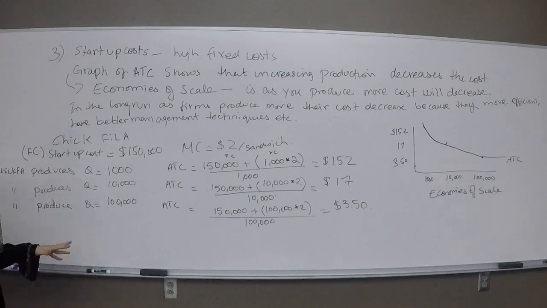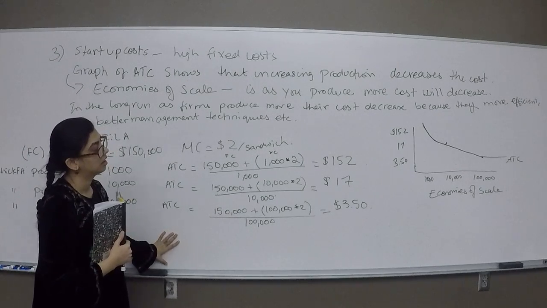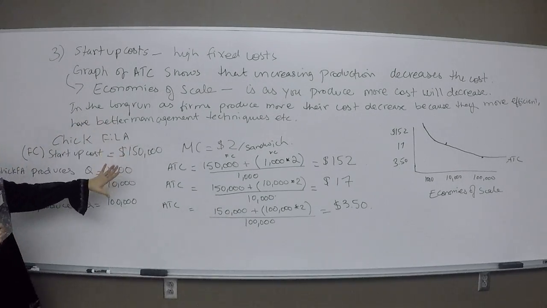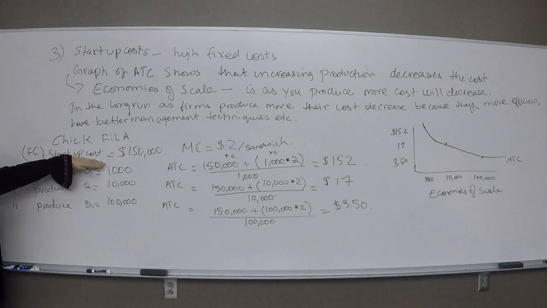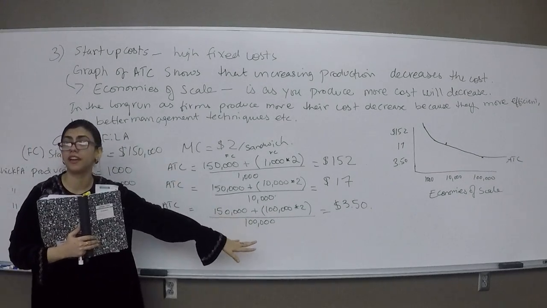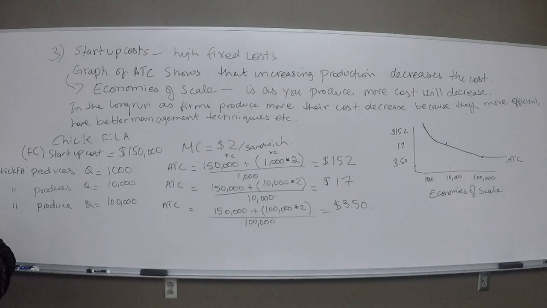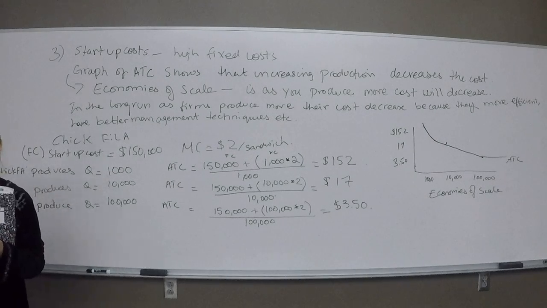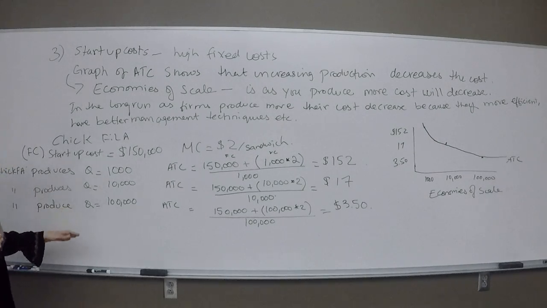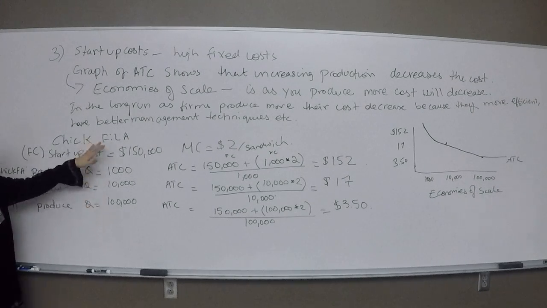So what happens is that a firm that has paid the startup cost of 150,000 and is now producing 100,000 sandwiches has an advantage over a firm who is just coming into the industry and is not able to produce that much and can only produce 1,000, or cannot pay, or let's say even cannot pay the startup cost.